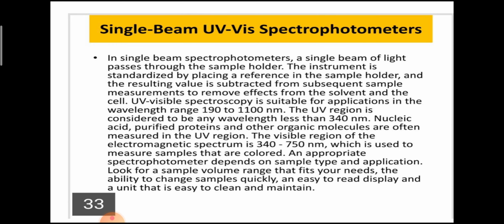The visible region of the electromagnetic spectrum is 340 to 750 nanometers, which is used to measure samples that are colored.